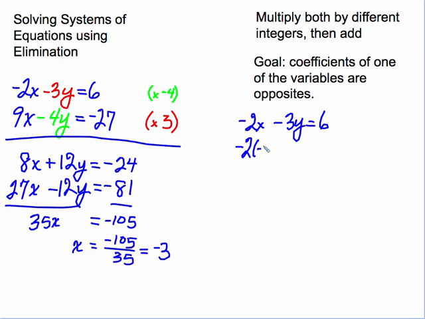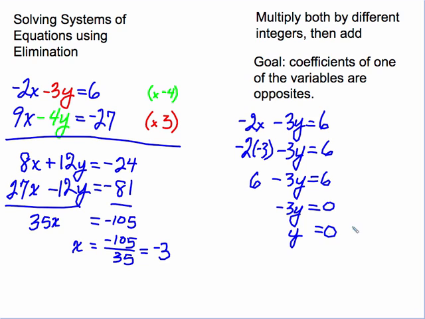So this is negative 2 times negative 3 minus 3y equals 6. Negative 2 times negative 3 is 6, minus 3y equals 6. Subtract 6 from each side, and we get negative 3y equals 0, or y equals 0. So now our solution is negative 3, 0.